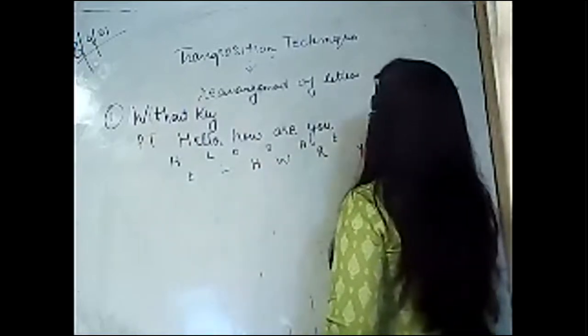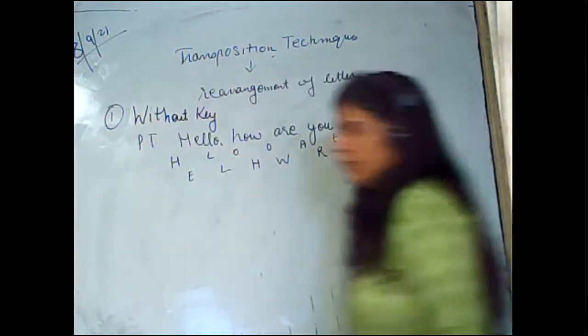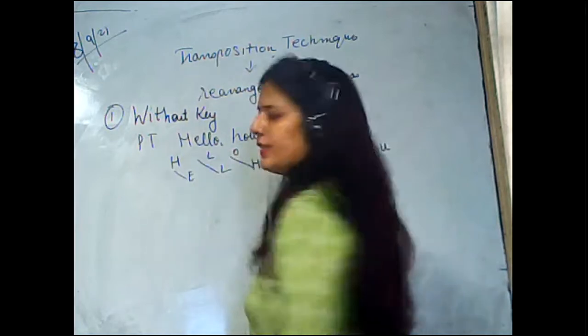So I will write all those letters like this: H, E, L, L, O. Then H, O, W, R, that is hello, how, R, A, R, E, and that is Y, O. I am writing all these elements diagonally.